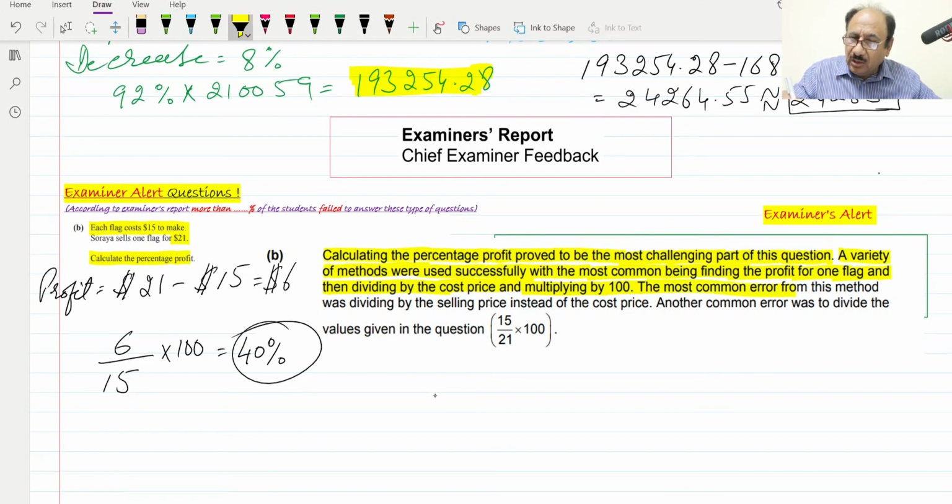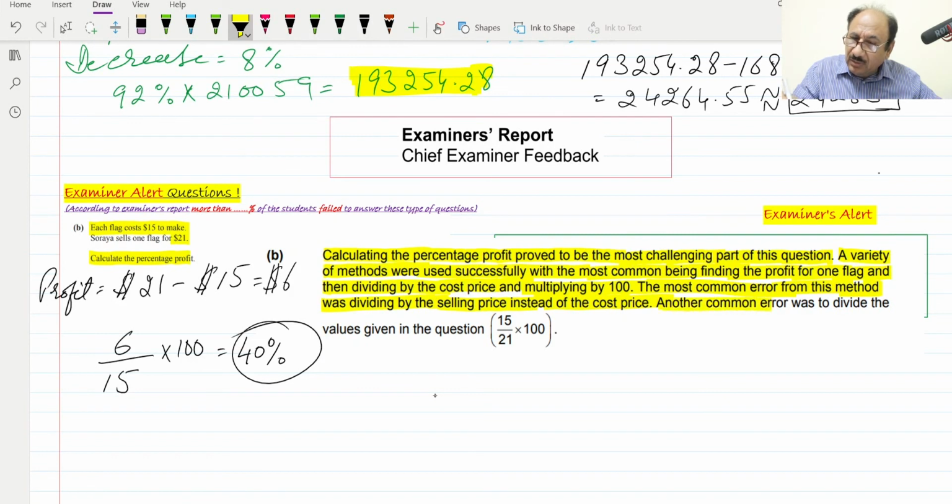The most common error, now you will have to be vigilant about this. The most common error from this method was dividing by the selling price instead of the cost price. So many students divided by selling price instead of cost price.